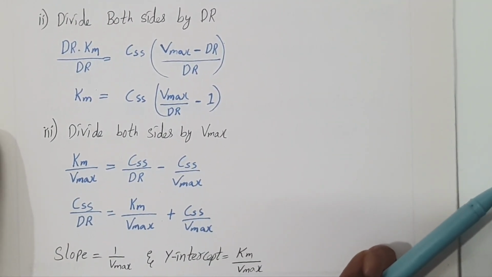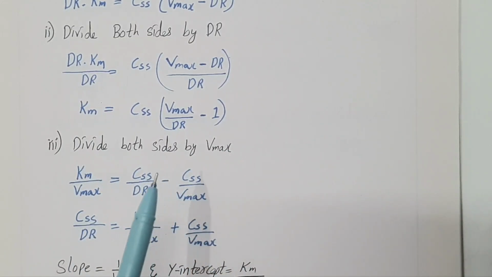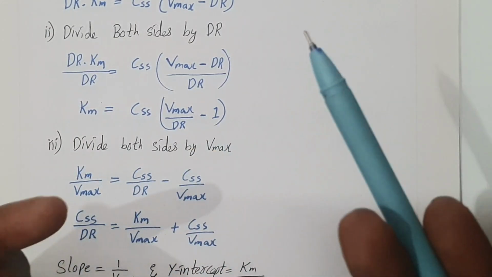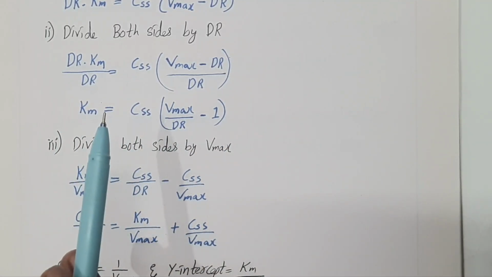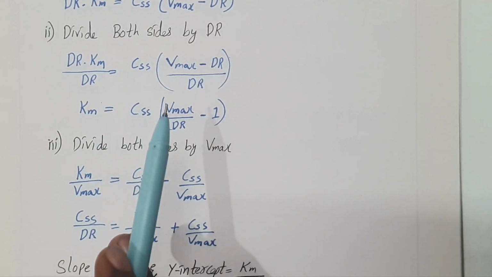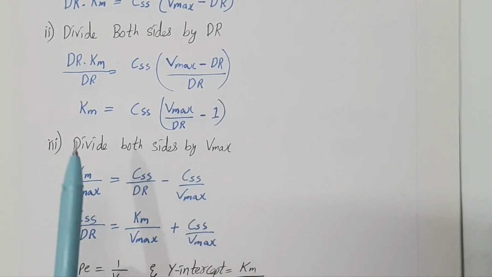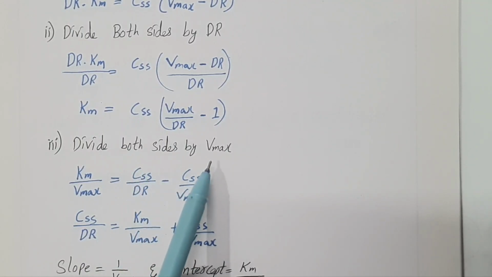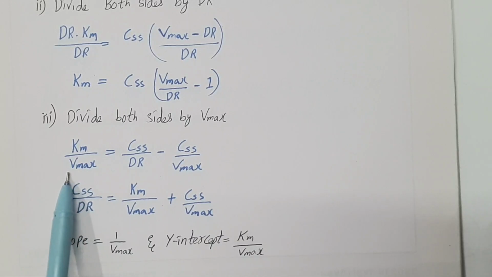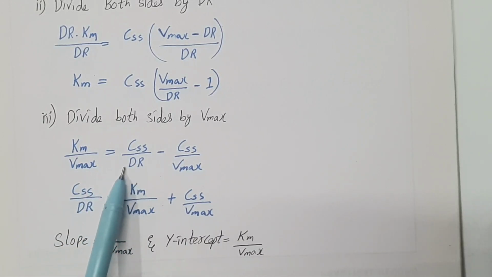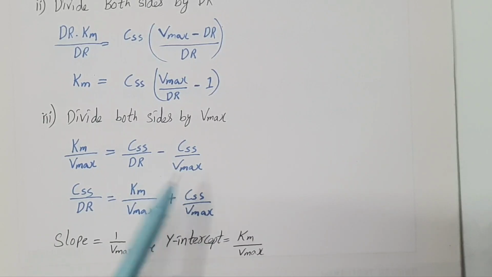Then our third step is to divide both hand sides by Vmax. Firstly we multiplied with Km plus Css, then second step was dividing both sides by DR, and the third step is dividing both sides by Vmax. Our equation becomes Km divided by Vmax equals Css divided by DR minus Css divided by Vmax.